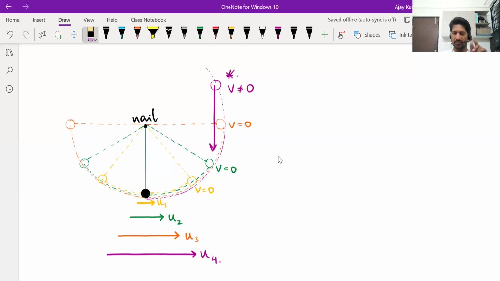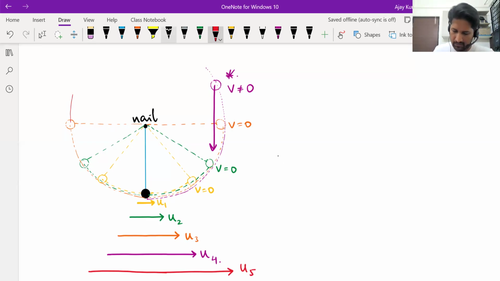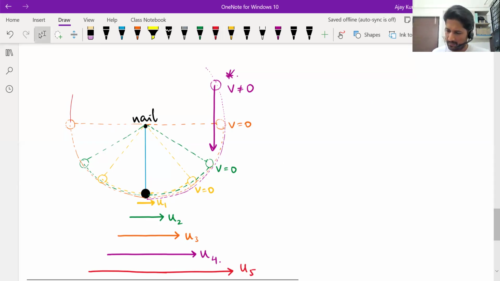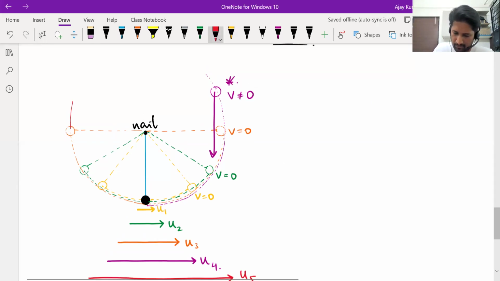But if enough speed is given at the bottommost position, let's take this fifth case, it can even complete the entire circle and keep going round and round. So the situation would become somewhat like this.